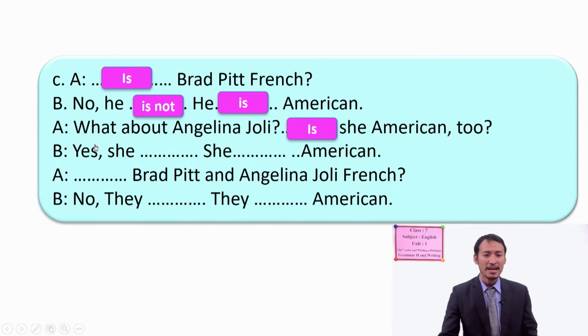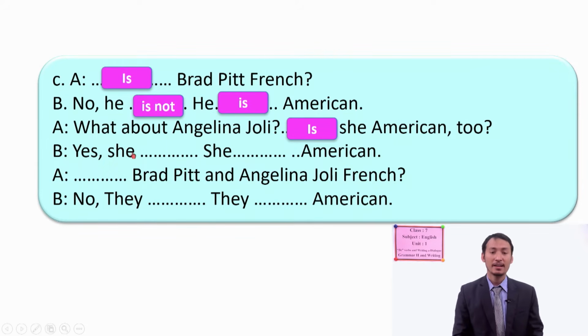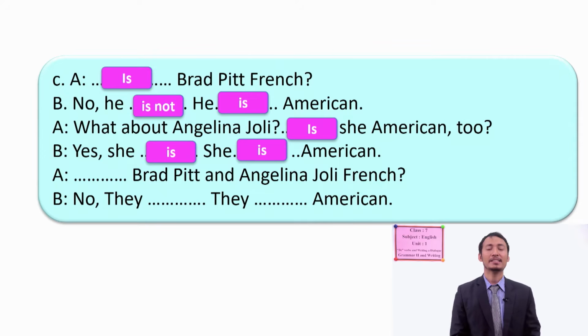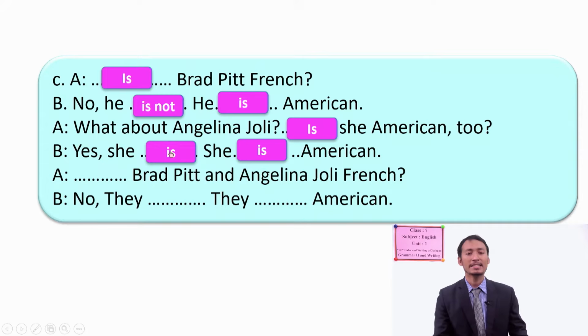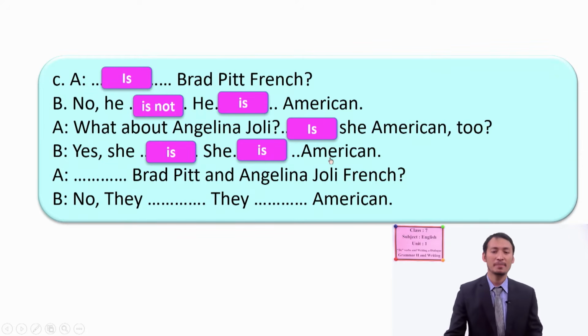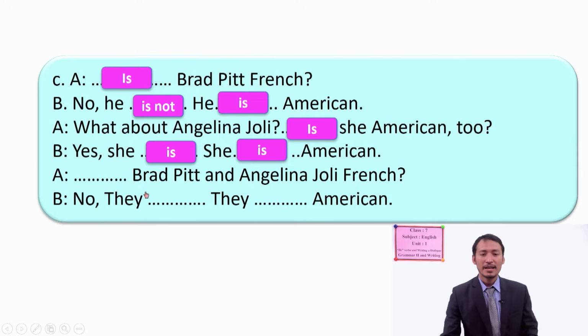Okay, now yes, she is. Yes, she is. And another is, she is American. We can say another answer in another way. Yes, she is American. Now, look at the two people in this sentence, Brad Pitt and Angelina Jolie.